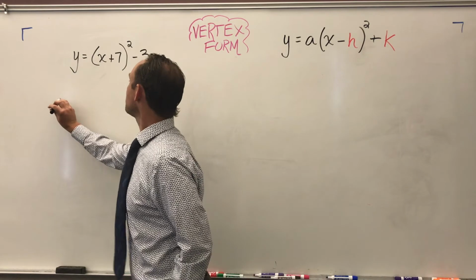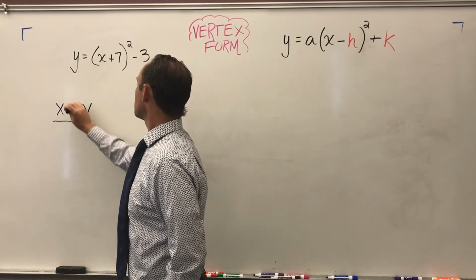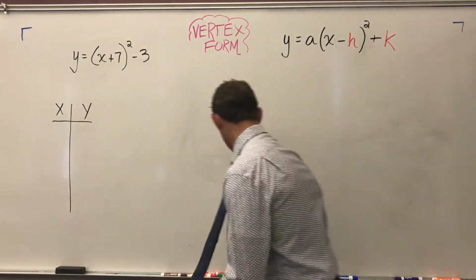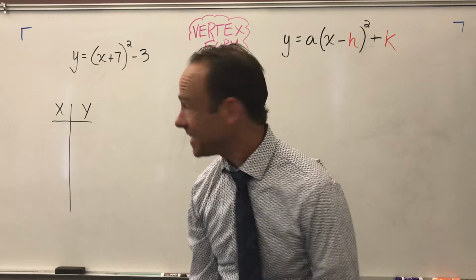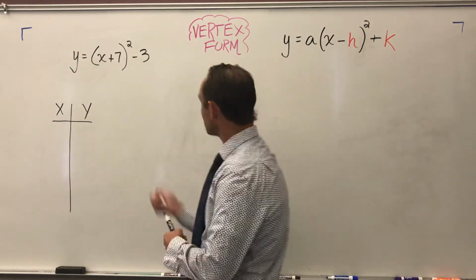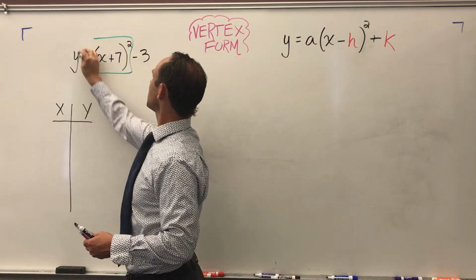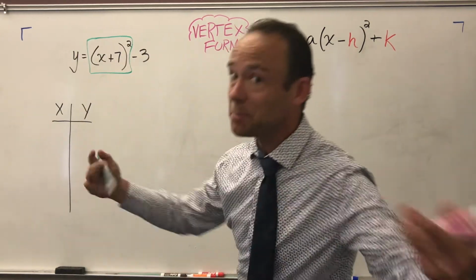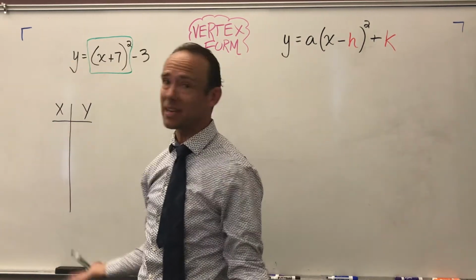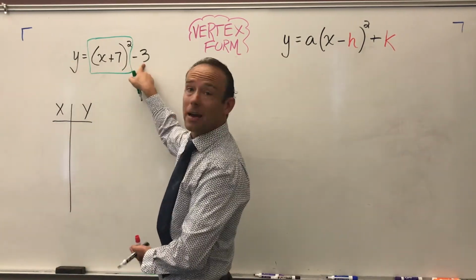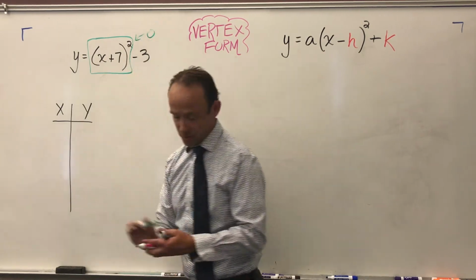Well, let's first find the vertex. All right, that's the starting point if we're going to graph this thing by hand. Well, vertex is going to be the minimum point. So, and I'll use this explanation a lot, since this green rectangle-ish thing has to be positive, the smallest y can ever be is -3, which happens when that's 0.